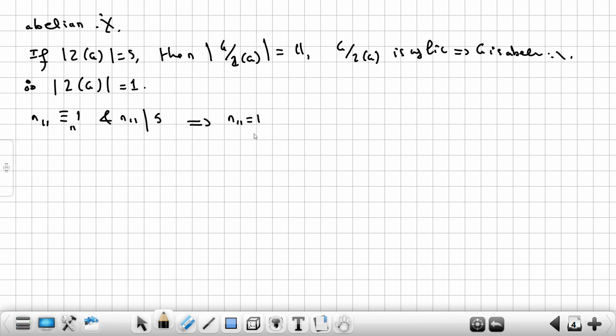And there is one and only one Sylow 11 subgroup of G, which we'll call H1. So H1 is the unique Sylow 11 subgroup of G.